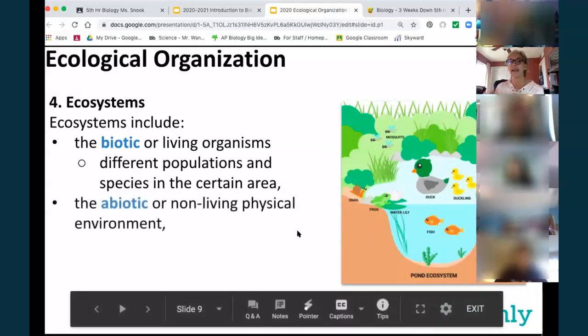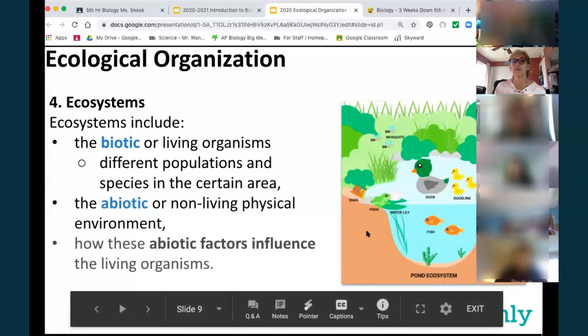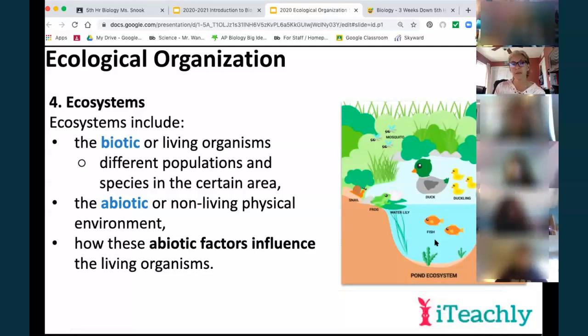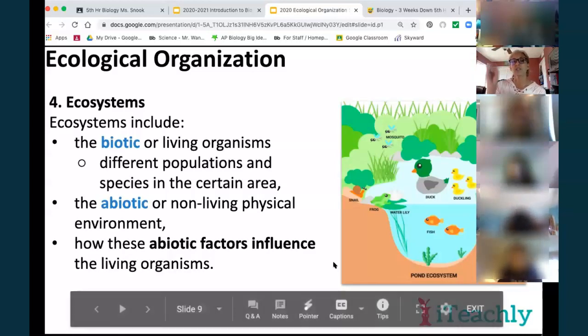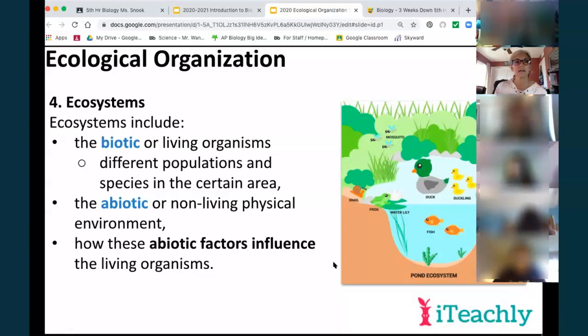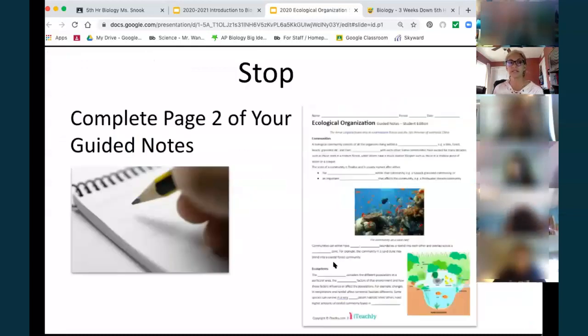And then you have the abiotic factors, the nutrients in the soil, there's phosphorus, nitrogen, all kinds of things in the water itself, the temperature of the water, the amount of sunlight it gets, all that is abiotic. Okay, so we had a species that makes up a population that goes together to make up a community, and the community makes up an ecosystem.